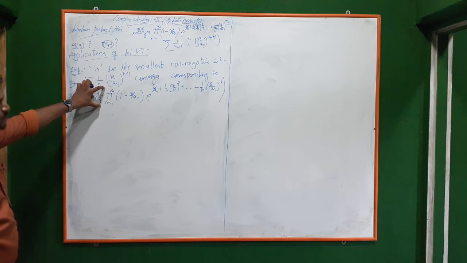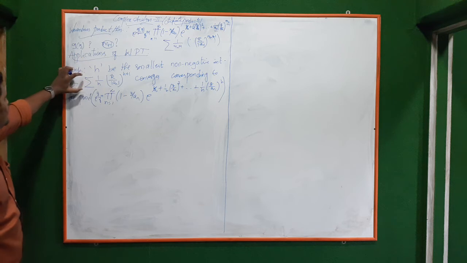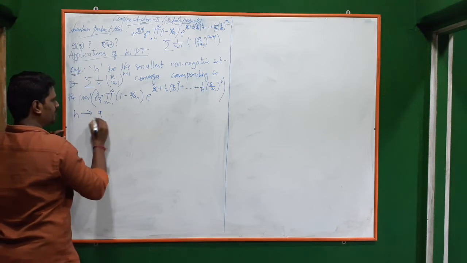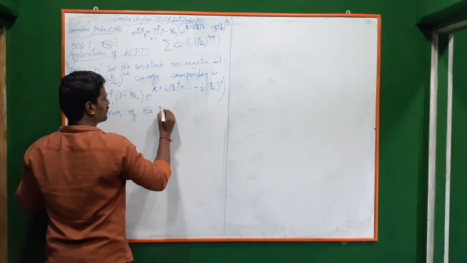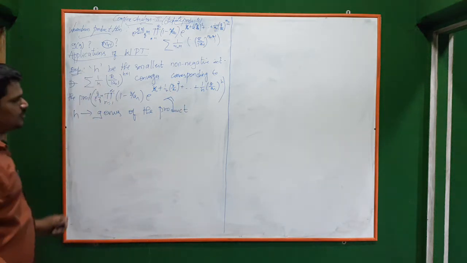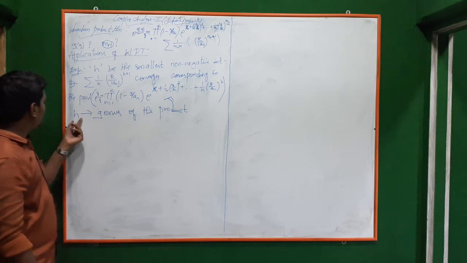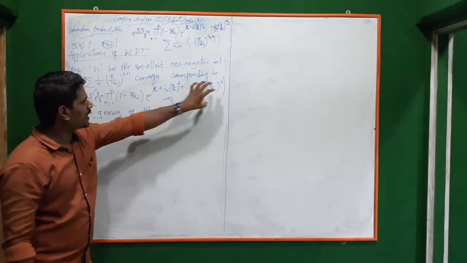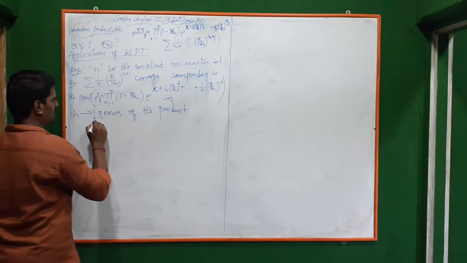Whenever you have this product, there exists a smallest integer h such that this series converges. If that happens, then h is called the genus of the product. It is called so because it plays the main role in the convergence of the product.